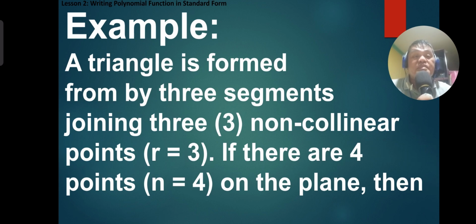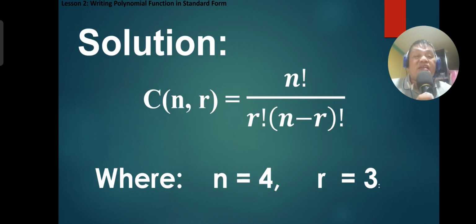Example. A triangle is formed by 3 segments joining 3 non-collinear points. We have r equal to 3. If there are 4 points, we have n equal to 4, on the plane, then solution.